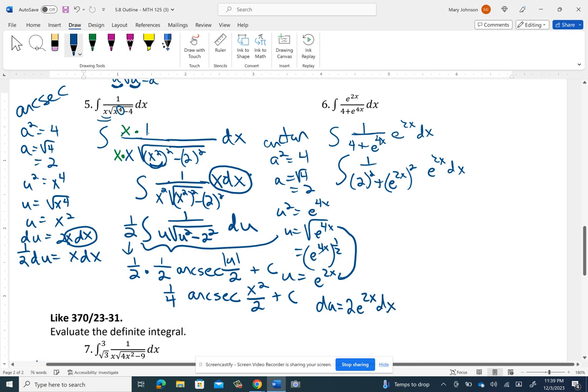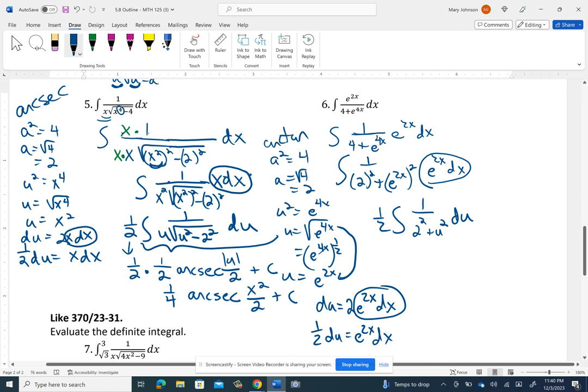And we don't have a times 2 out here. So we're going to get rid of that 2 by doing 1/2 on both sides. Then this becomes the integral of 1 over 2 squared plus u squared. And in place of e to the 2x dx, I'm putting 1/2 du. So let me just keep the 1/2 out in front and the du there at the end.